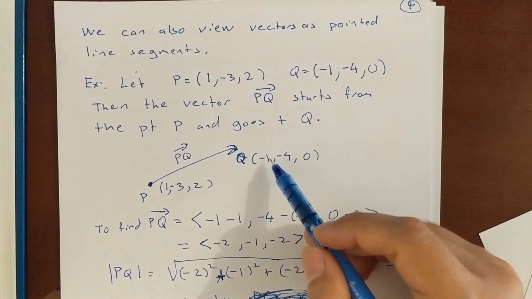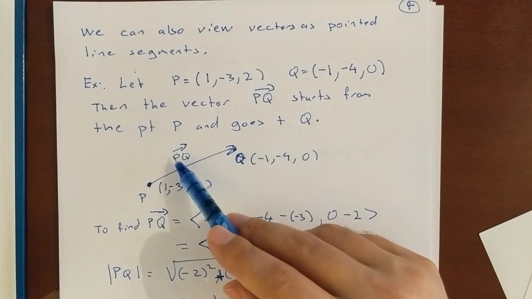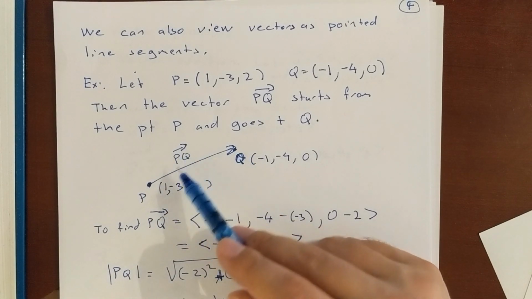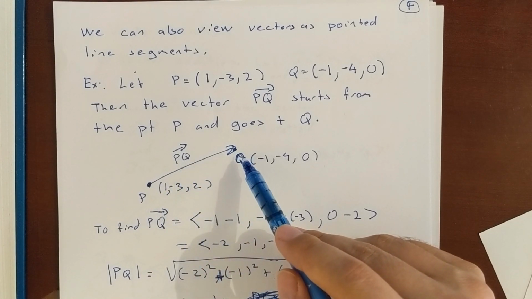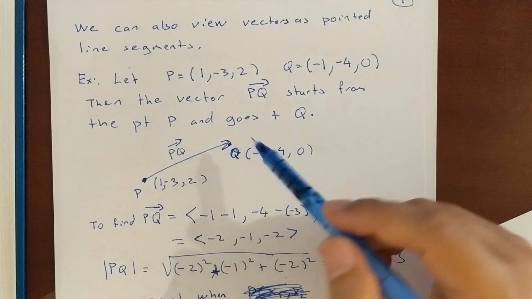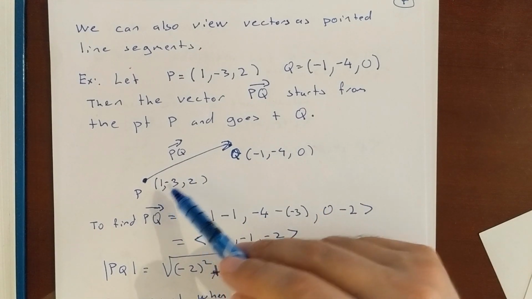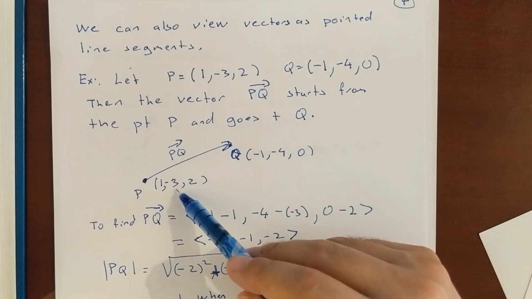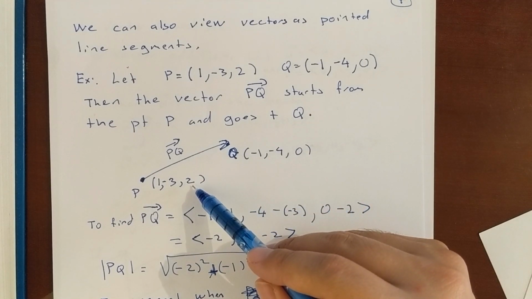Well, one thing I can do is, if it's going to be from P to Q, I'll write PQ, P first Q, and then put an arrow on it to show that it's a vector, P to Q. If it was going to be from Q to P, I would write Q to P and put an arrow on it. Okay. What I'm going to do is take this x coordinate, subtract this one, take this y coordinate, subtract the minus 3, and take the z coordinate, subtract the 2.